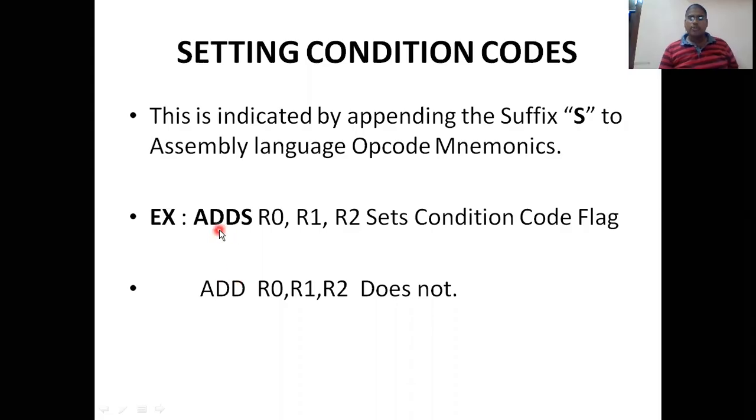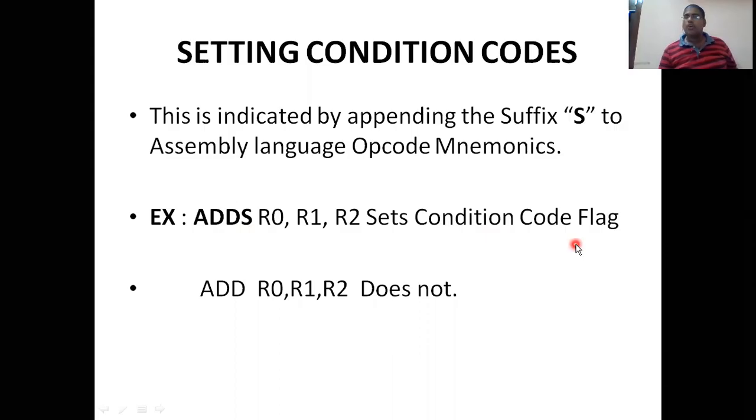Whenever you use the instruction ADDS, then only the conditional code flags are going to be set. That means if you want to change the conditional code flags also, there should be a suffix called S. If the original instruction is ADD, and you add S to make ADDS, then only it will set the conditional code flags.